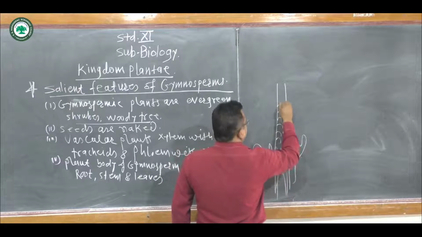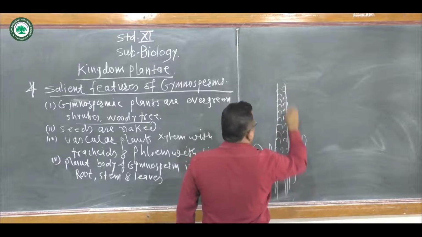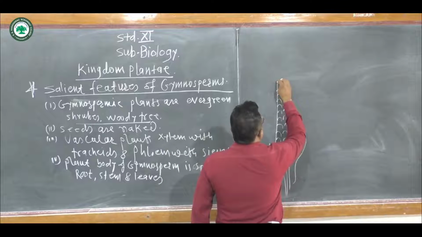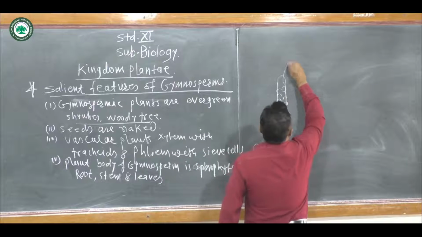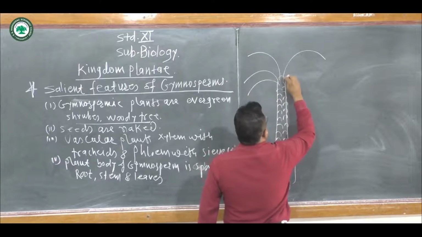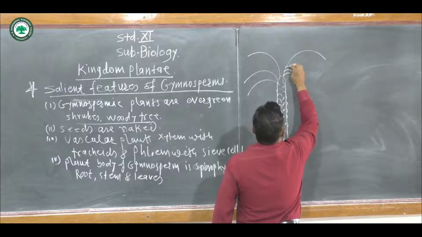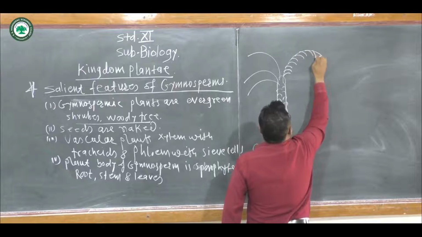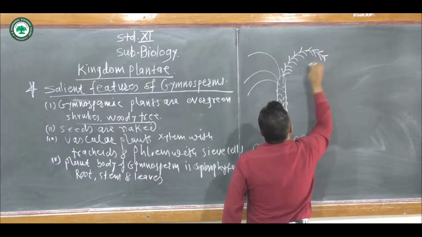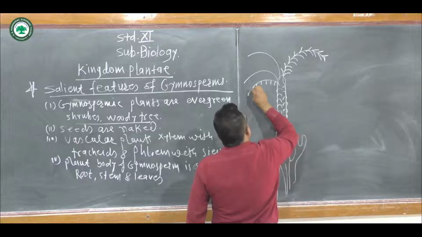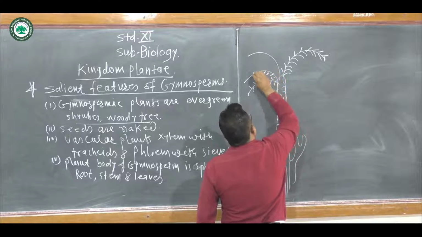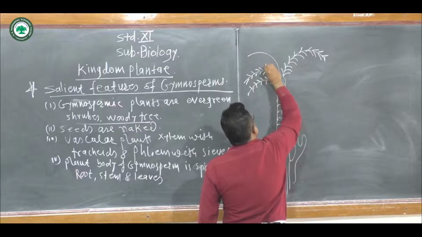The stem is branched or unbranched in different gymnosperms. In Cycas, the stem is unbranched. In some plants, like Pinus, the stem is branched.